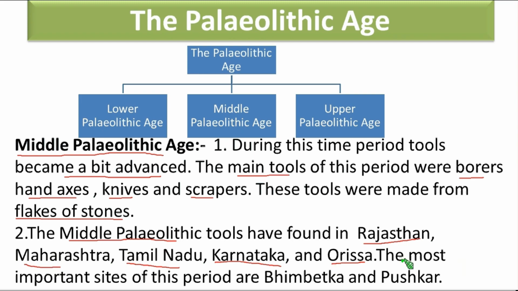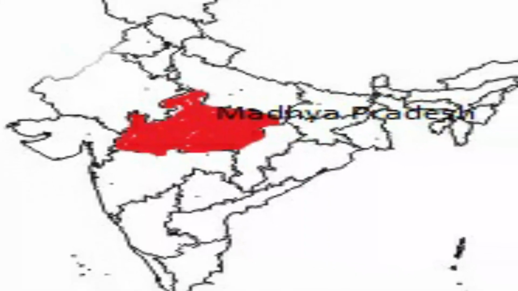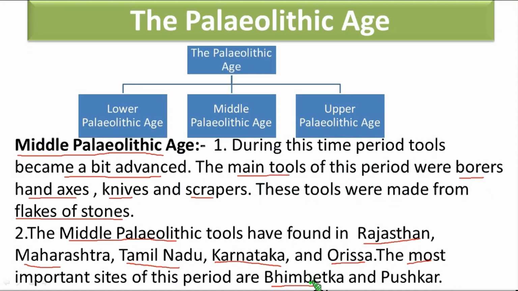But the most important site of this period is Bhimbetka, which is situated in Madhya Pradesh, where we have found different rock paintings as well as tools related to the Middle Paleolithic.